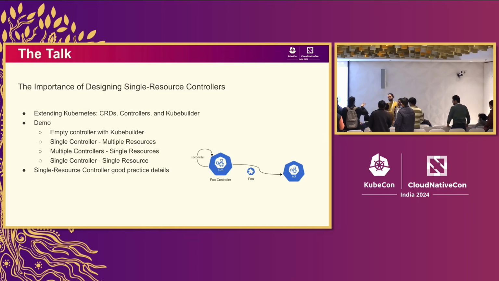The main concern is you should never change or update the status of one resource from two controllers, as that will cause confusion. But one controller can update the spec of multiple resources.